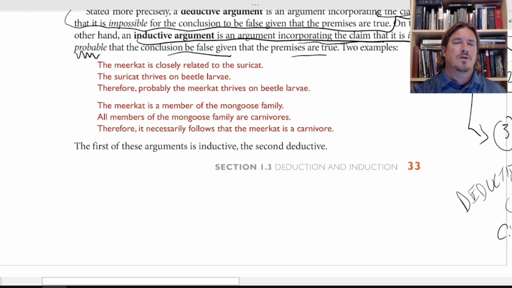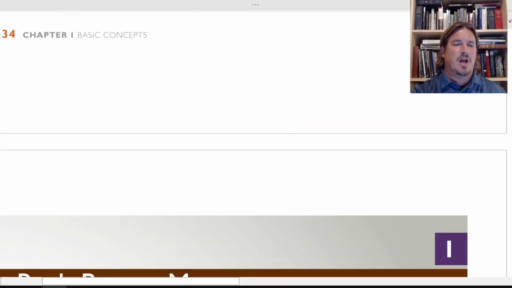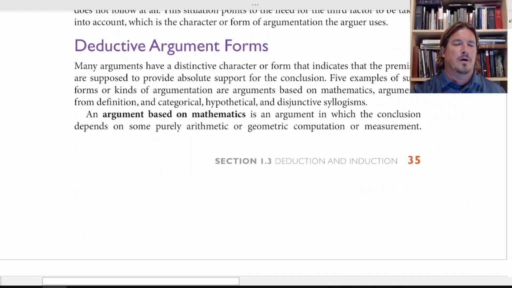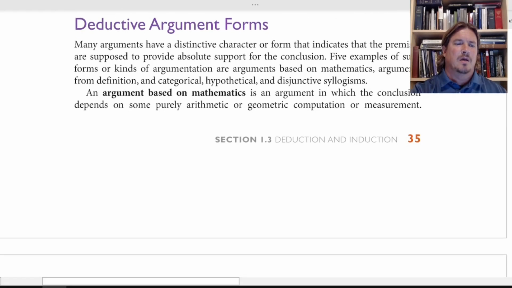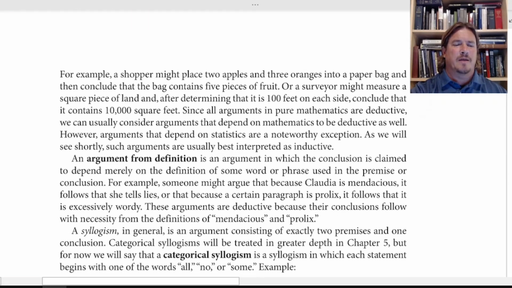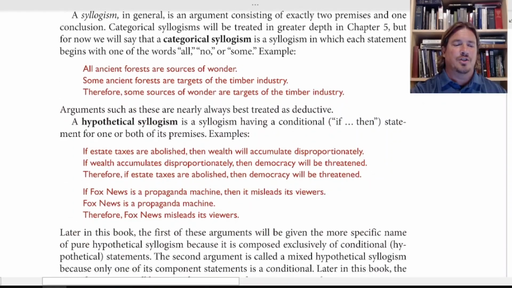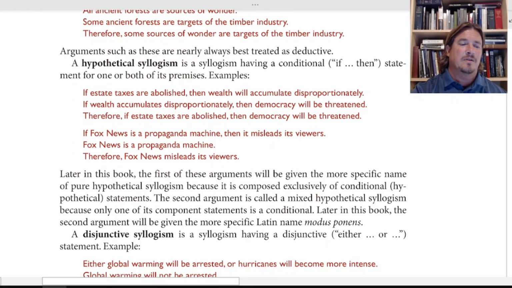Okay. So the rest of this chapter gives some information on different types of deductions and different types of inductions. So let me just say a word about a few of these. Deductive argument forms are arguments based on math, definitions, syllogisms. A syllogism just is like a reasoning together.